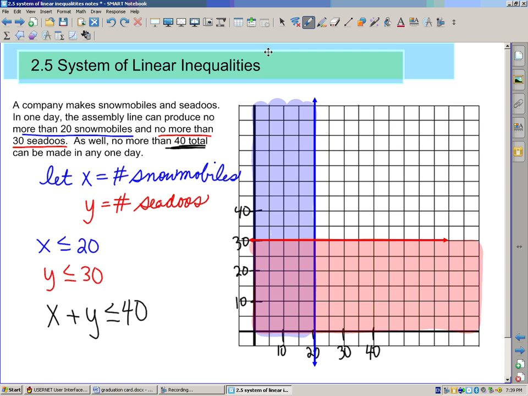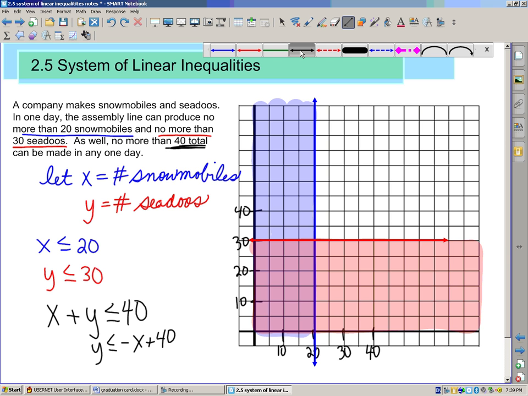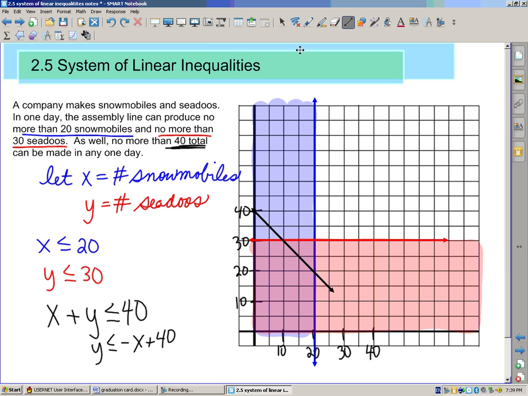Then I'm going to plot the line y is equal to negative x plus 40. It has a slope of -1. So there's that line. When I shade that, we'll shade it with the dark gray. It's harder to see it. I might have to make that color a little darker.